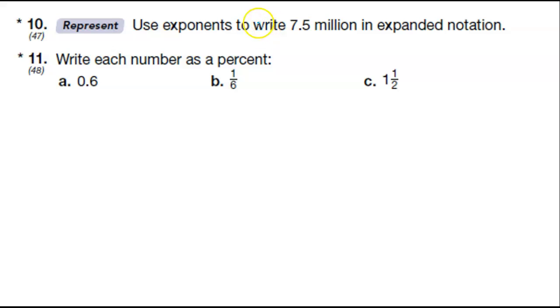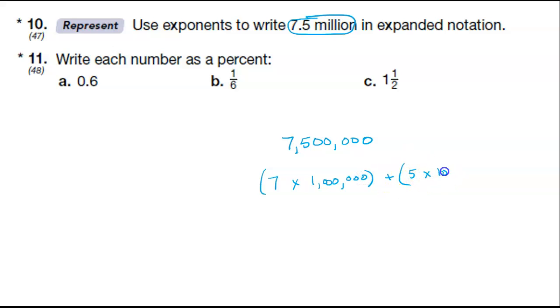Okay. Use exponents to write 7.5 million in expanded notation. Okay, so I'm going to write 7.5. That's 7.5 million. So if I write 7 times 1 million plus 5 times 100,000, but they want me to use exponents, so I think it's going to be 7 times 10 to the 1, 2, 3, 4, 5, 6, because that's how many zeros I have.